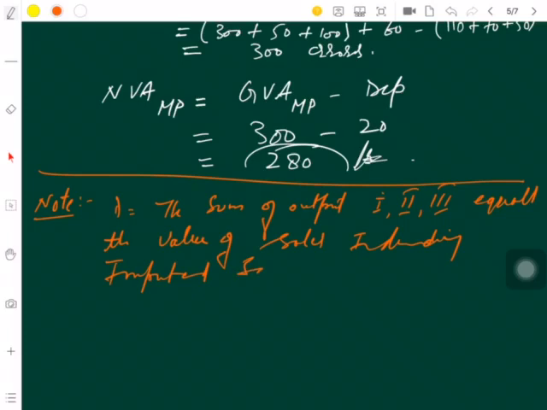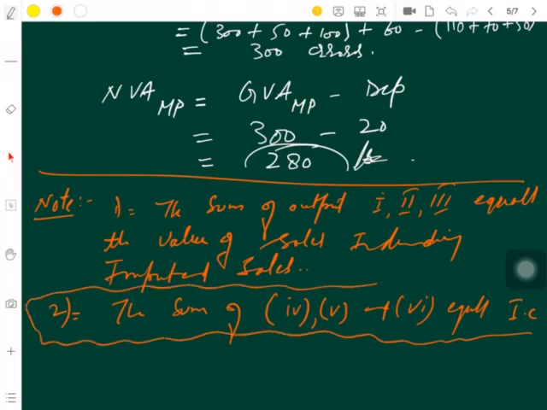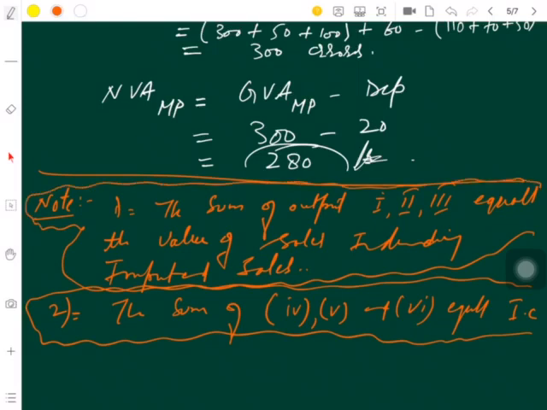What are imputed sales? Exactly the second or third part which was there. Number second: the sum of the fourth one, fifth one and sixth one equals intermediate consumption. So dear students, please bear in mind that these two things are really very important for you to write down at the end of the question, so that you may remember when you are preparing for the final exams or any of the tests coming forward.